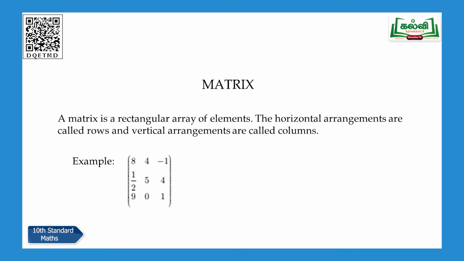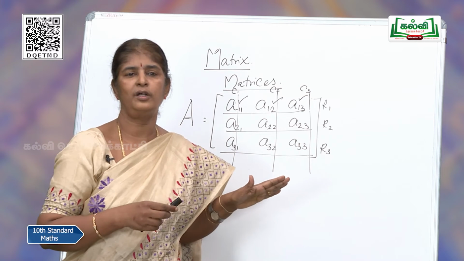Generally, what is a matrix? A matrix is a rectangular array of elements. The horizontal arrangements are called rows and the vertical arrangements are called columns.